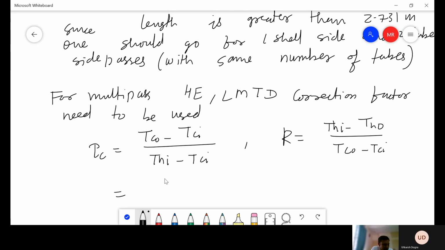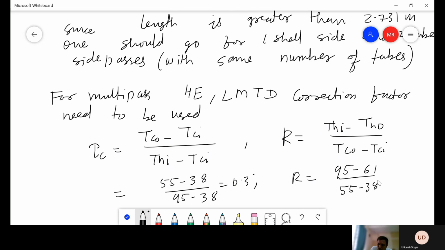So we can put this as 55 minus 38 divided by 95 minus 38. This comes around 0.3, and R is given as 95 minus THO, which is 61, divided by 55 minus 38. So this comes around 2.